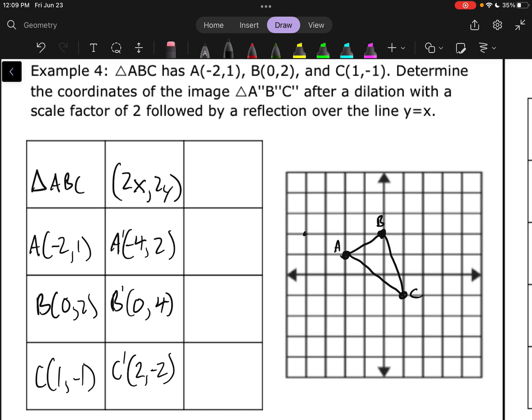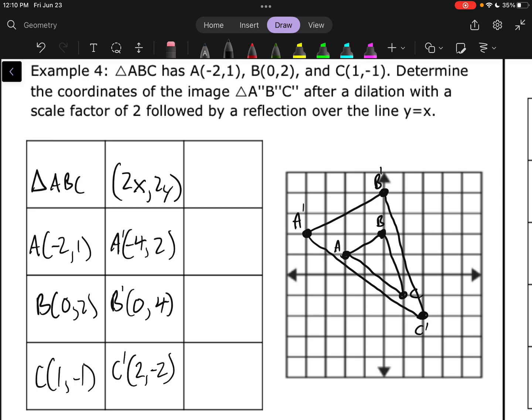So -4, 2, 0, 4, and 2, -2. Alrighty, so A prime, B prime, C prime.